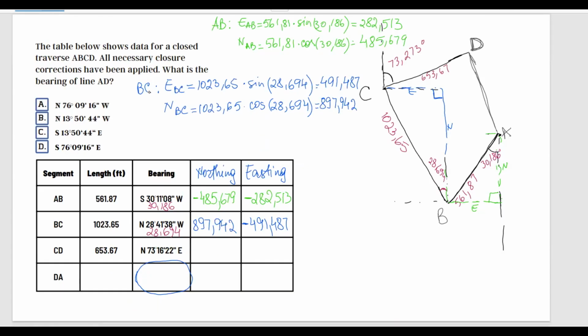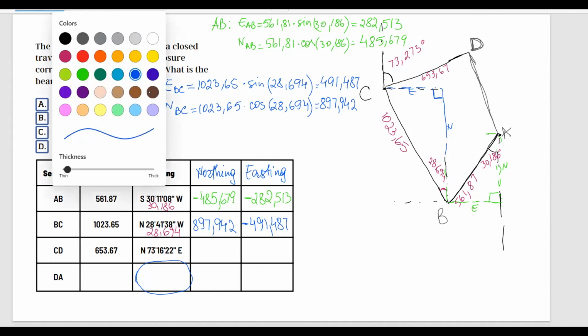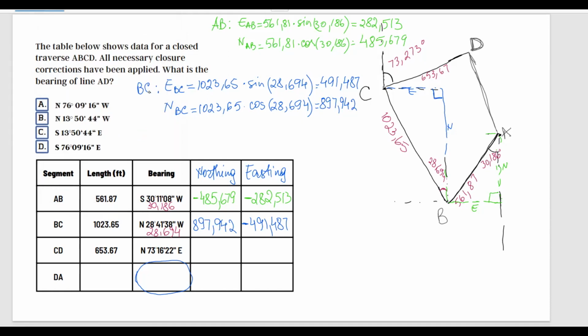Moving forward, now let's take line CD. Line CD has the angle of 73.273. So let me write this down. I changed the color to make it a bit more clear. So CD now, we're going to calculate the easting of CD.